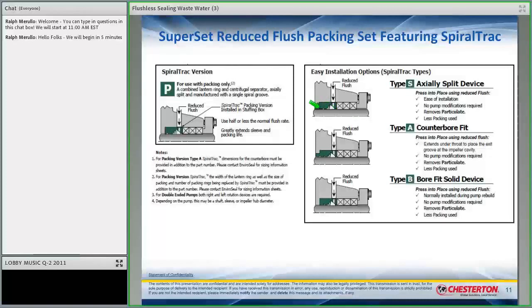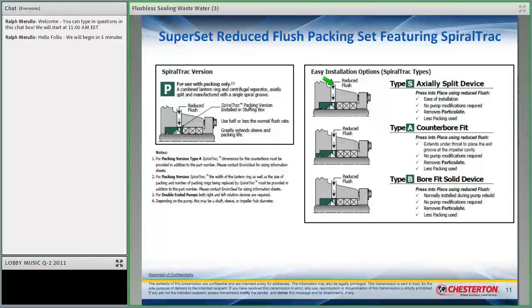So using this technology to replace the bottom 2 rings of packing to provide good access for the flush, that lantern ring is never going to shift due to compression of the inboard packing rings, will protect the packing, allow it to run longer, but also allow you to use less flush, right? So you can reduce the amount of flush that you use on a 5-ring set using this device along with 3 rings of packing, right? So this is a better way to use packing in a pump and reduce your flush.